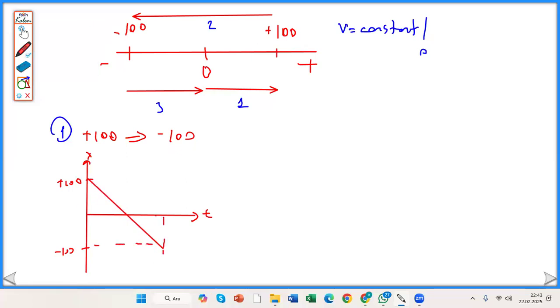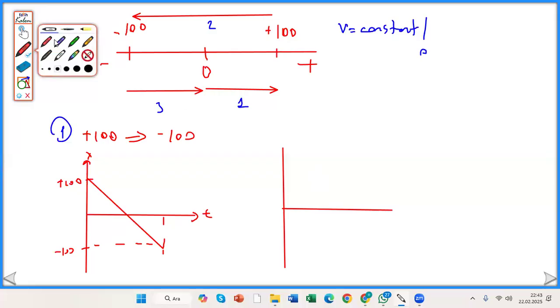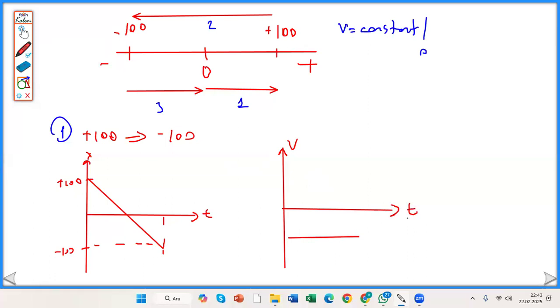For this motion, let's remember the direction is negative, so even if velocity is constant, because of its direction its sign is negative. That's why our velocity-time graph is like this, with a negative value.